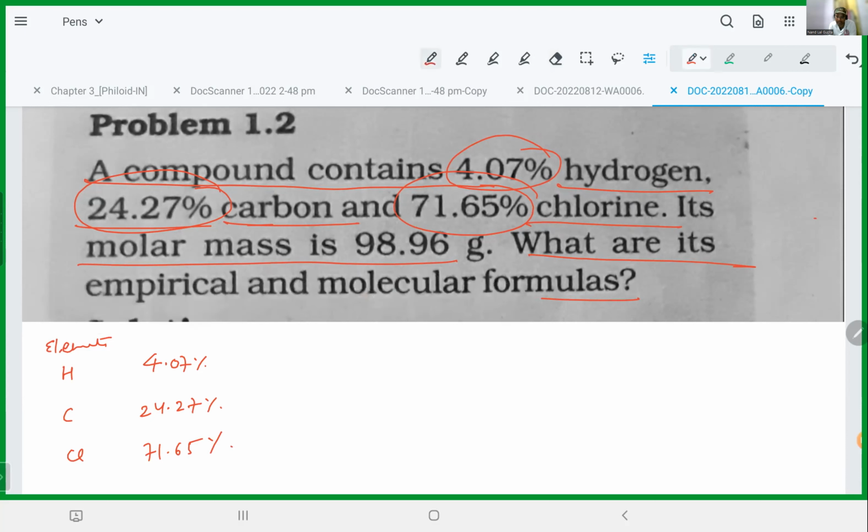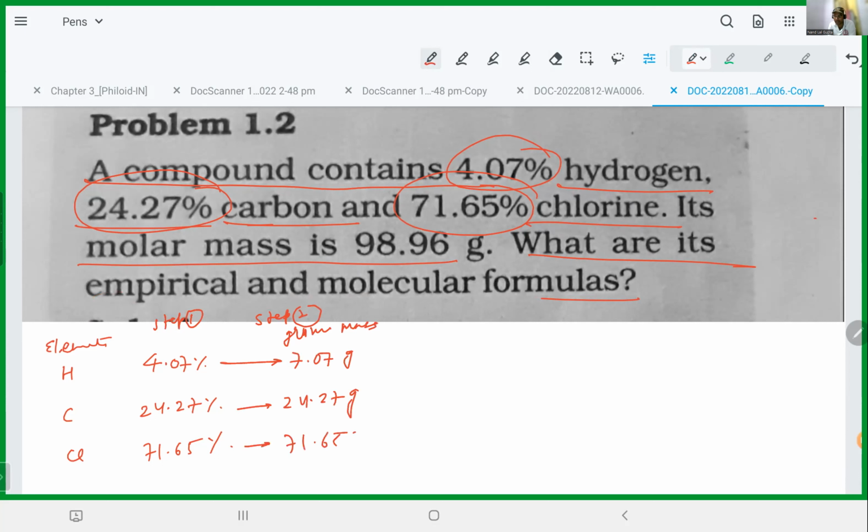Step number two: you need to convert percentage mass into gram mass. And I told you gram mass is the same as percentage mass, so it is going to be 4.07 gram, 24.27 gram, and 71.65 gram.